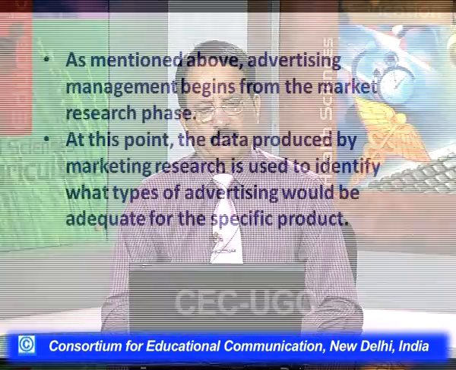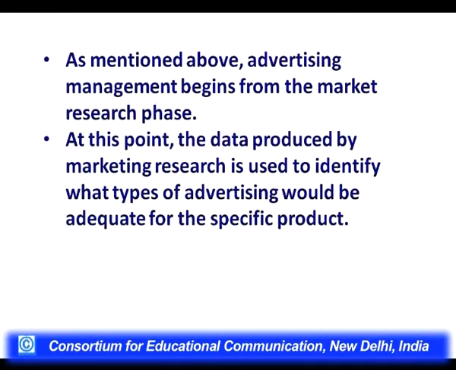As mentioned above, advertising management begins from the market research phase, which is the first phase of any product. At this point, the data produced by the marketing research is used to identify what types of advertising would be adequate for the specific product. Marketing research gives us two things.